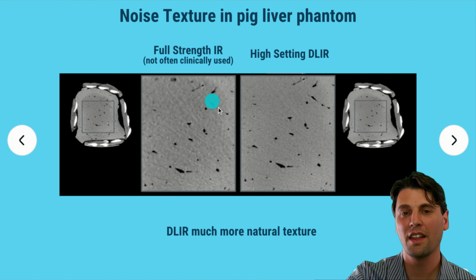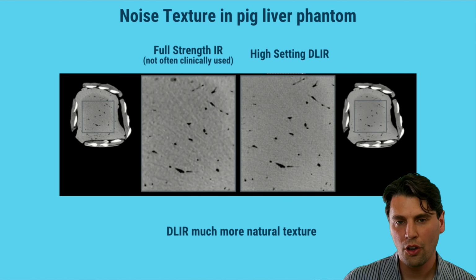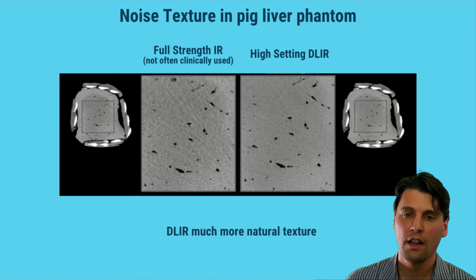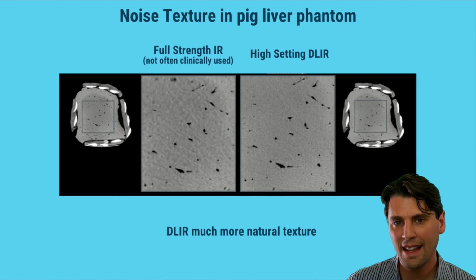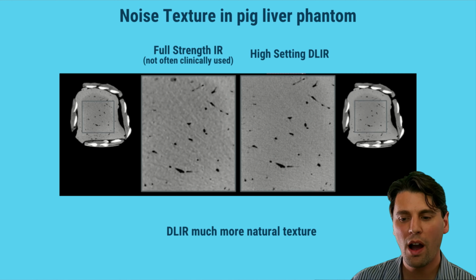But if you look within the center region, you can see the idea is that the noise in our high strength iterative reconstruction is significantly more correlated than the noise in our higher strength deep learning image reconstruction. So the texture, just by visually looking at it, we can see the texture has a more natural appearance, and we want to quantify that then.